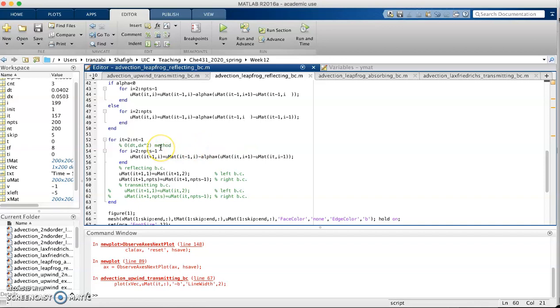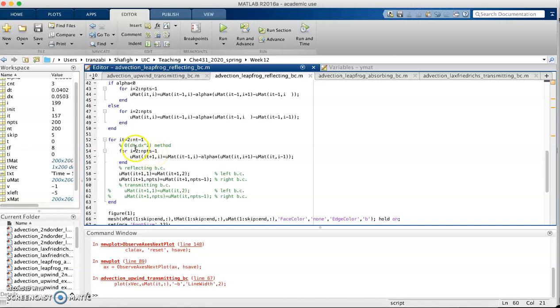This is the scheme we talked about last time. This piece is the Leapfrog method, which is Tn plus 1 at point I equal to Tn minus 1 at point I, minus alpha times the central difference of Tn at I plus 1 and Tn at I minus 1. Now, if you look here, my I, or x index, varies from 2 to n minus 1.